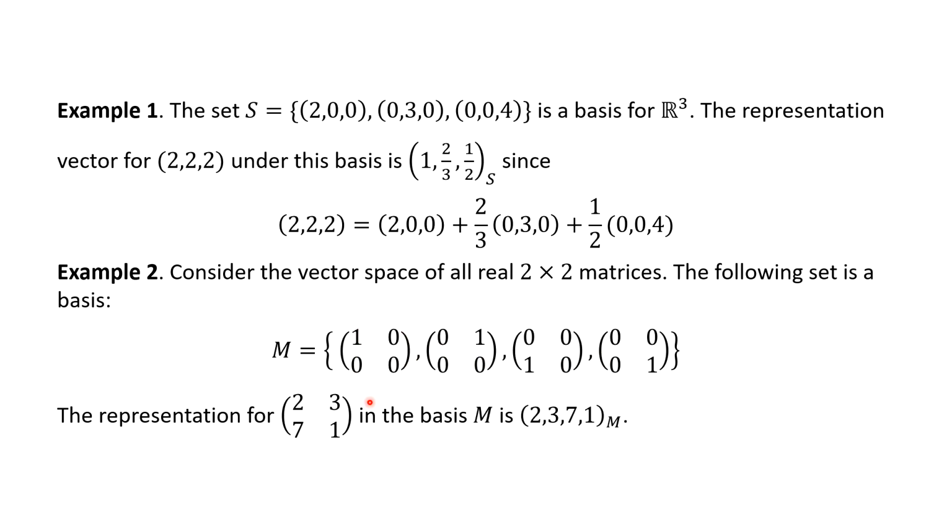It's a matrix. Then you can represent this vector here as 2, 3, 7, 1, and you put a little M here to emphasize we're using the basis we've been given.